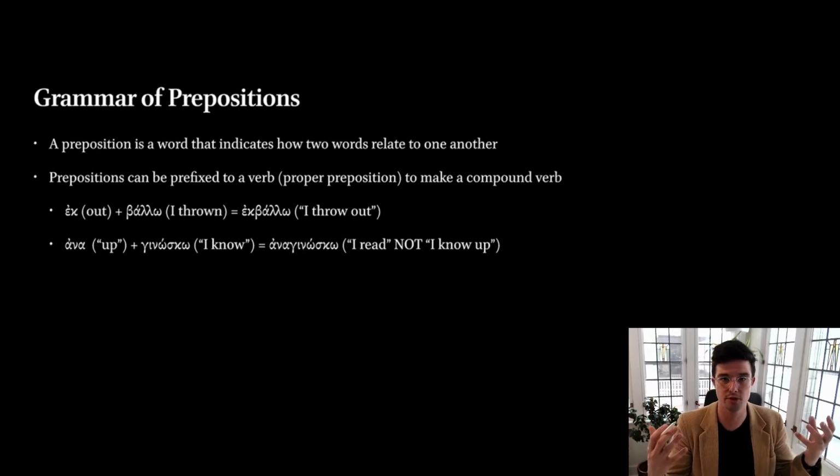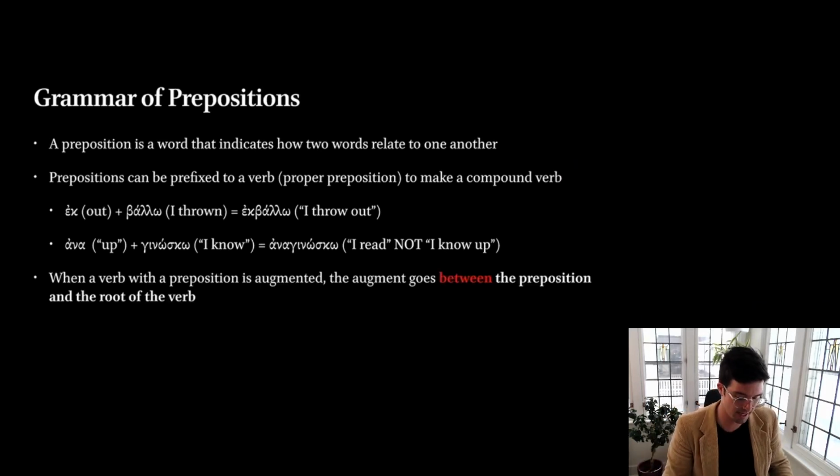So it's always important to pay attention to the definition given in a vocabulary list or in a Greek dictionary or lexicon, rather than trying to figure out what a compound verb means by dividing up its different parts. All of this is what we would call a proper preposition, a preposition that has been added to the beginning of a verb.